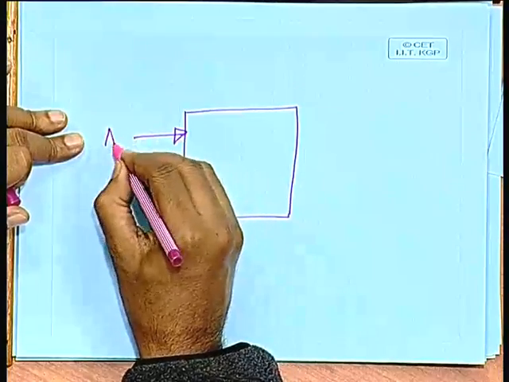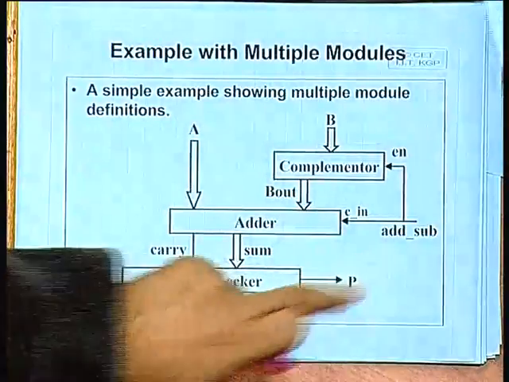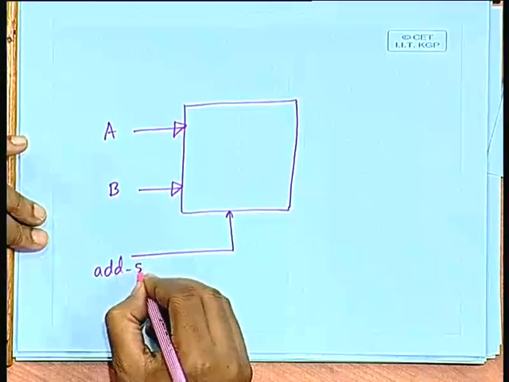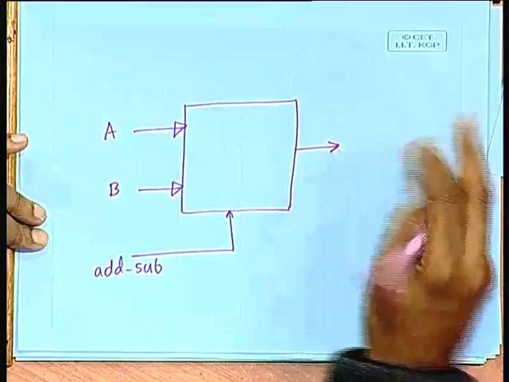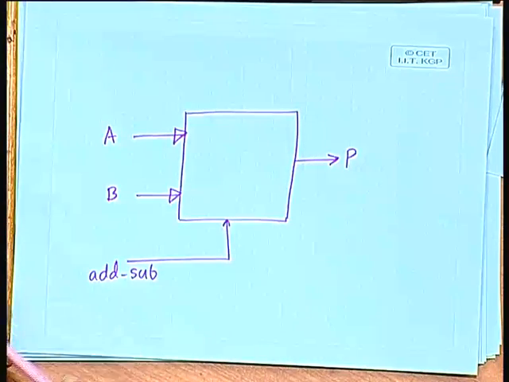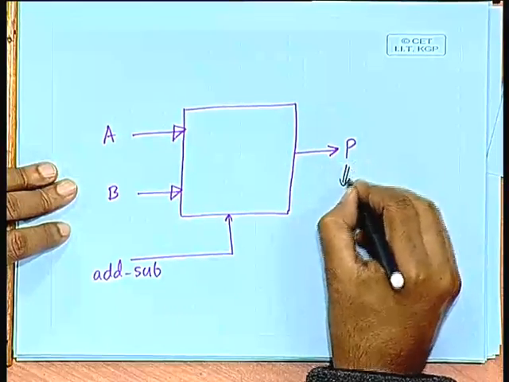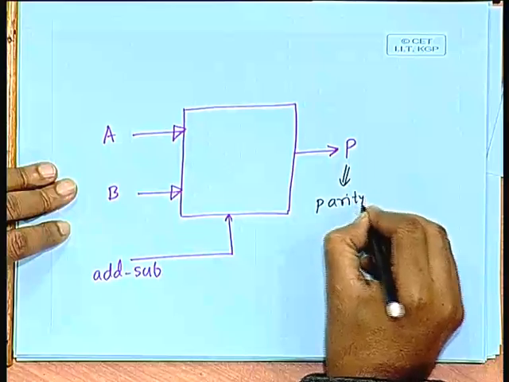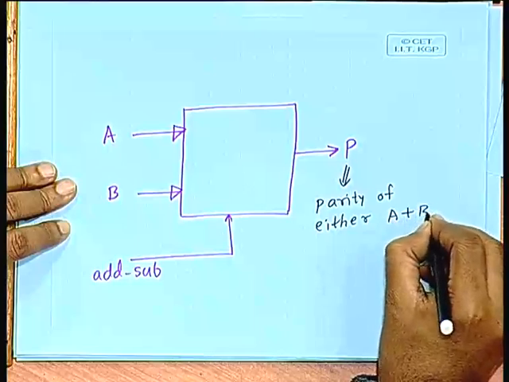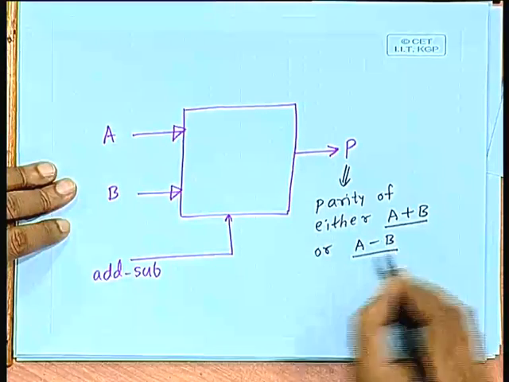which will accept 2 input vectors A and B. There will be a control signal add sub, and there will be an output called P. So, the specification of this block says that this P is the parity of either A plus B or A minus B. Now, whether you are adding or subtracting is determined by the control signal.